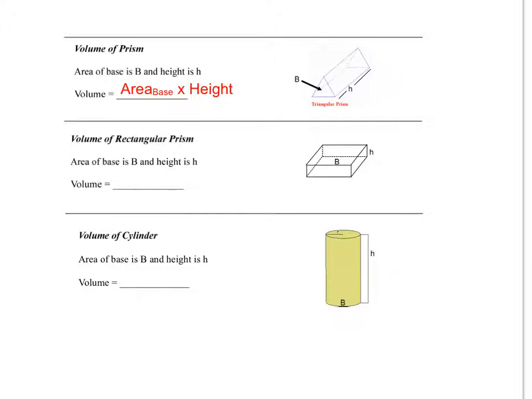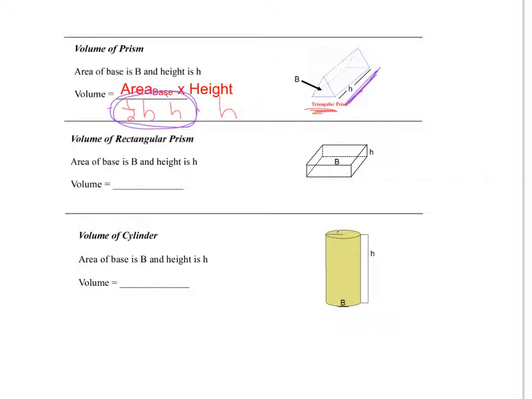We can write that, if you want, as volume is equal to area of the base, which in this case is a triangle, so 1/2 base times height. And be careful here, this is the base of my triangle, times the height of my prism. So the area of my base is 1/2 base times the height of my triangle, and then we multiply by the height of my prism.